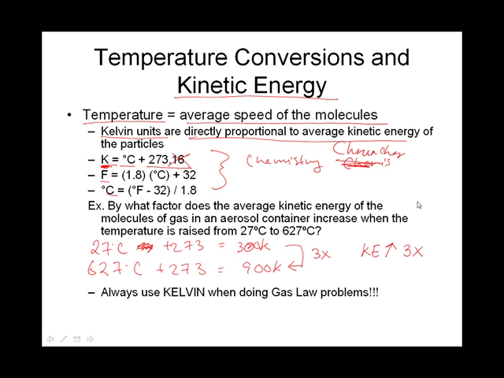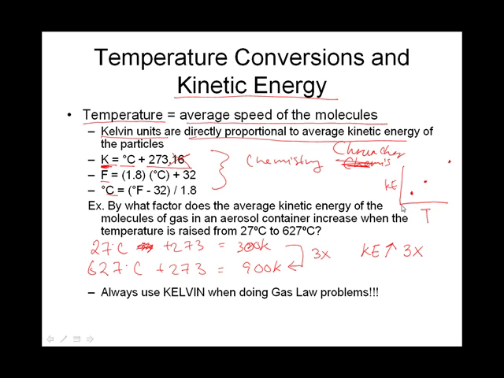So if I were to talk about this in terms of kinetic theory, if the temperature goes up, the kinetic energy is high. So here's my high temperature at high kinetic energy. Here's a little bit lower temperature at a low kinetic energy. At a lower temperature, the kinetic energy, or the average speed of the particles, is lower.